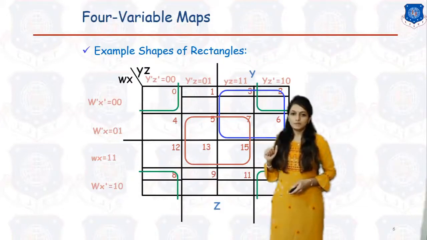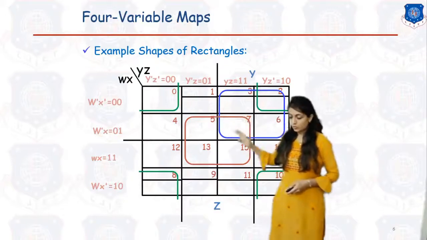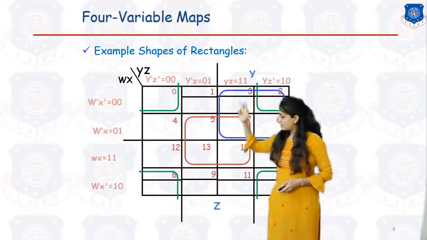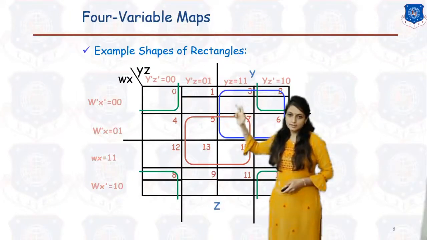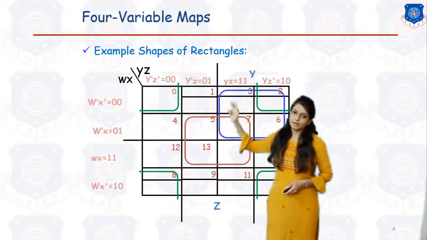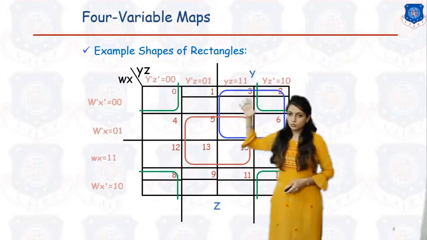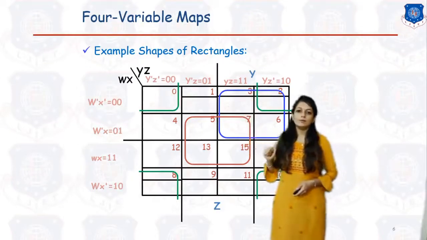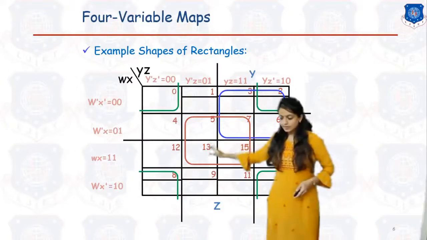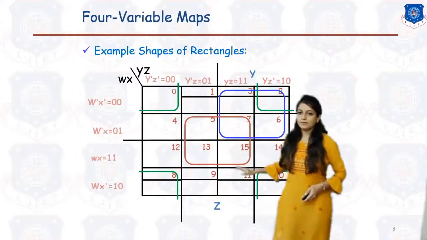First we need to check it row wise, that is W dash, column wise, that is Z. So for this group of 4 ones, it will be W dash Z. Alright, consider the red box: M5, M7, M13, M15.